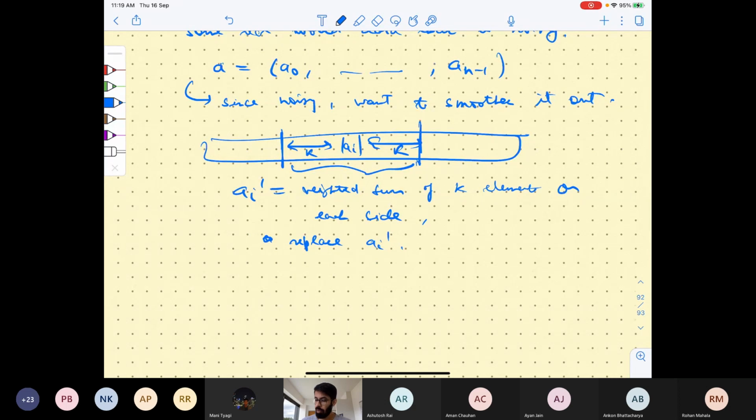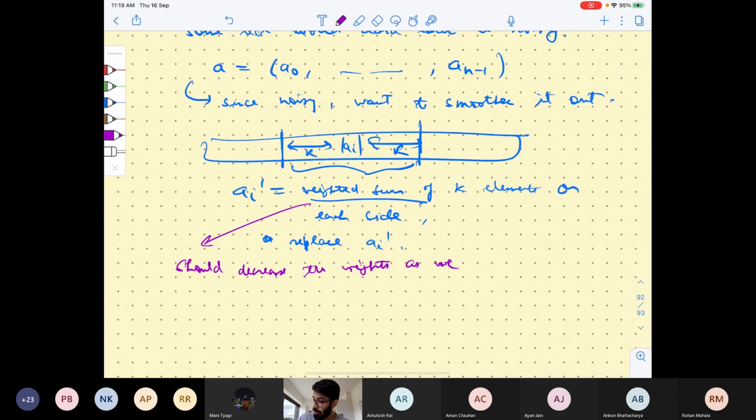So now, how will this weighted sum look? This weighted sum should decrease the weights as we go away from ai. Because we want to be faithful to the original data also. So ai should have the most weight, and as we go farther and farther, the distance is increasing, then we don't want to rely on those values too much to get to ai, right?